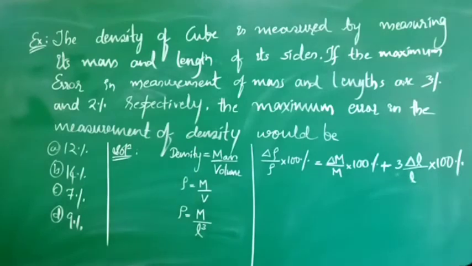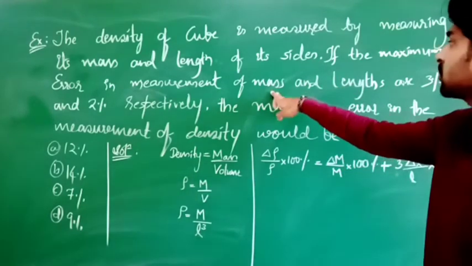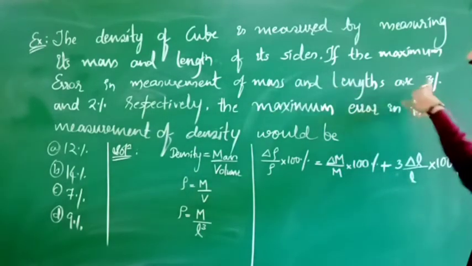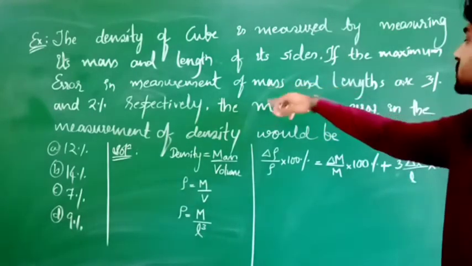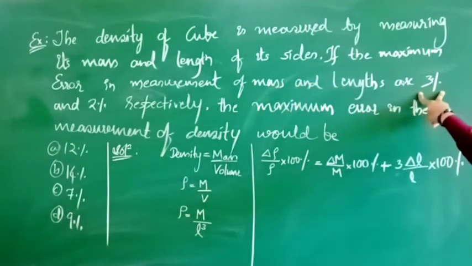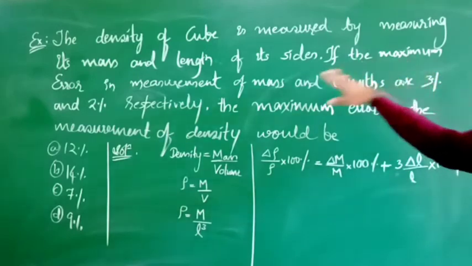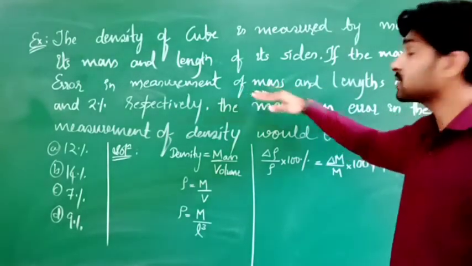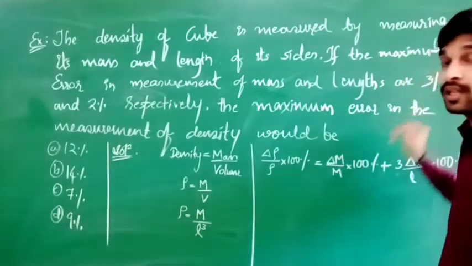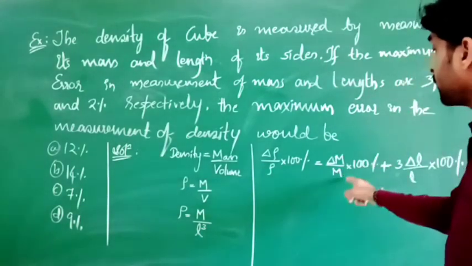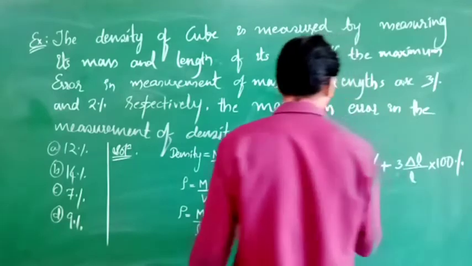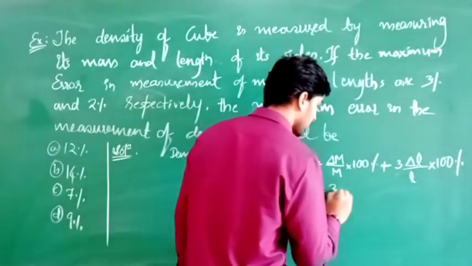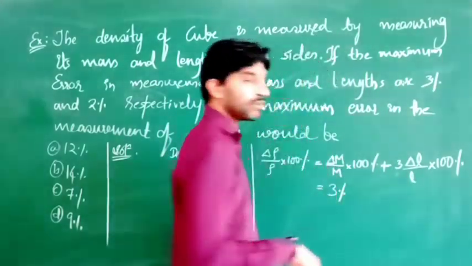Clear? Now check. The measurement of mass and length are 3% and 2%. That means for mass they had given it as 3%. That means maximum possible percentage error while measuring mass, it is nothing but 3%. That means delta m by m into 100% what we are having in this formula, that is nothing but 3% value they had given to us.